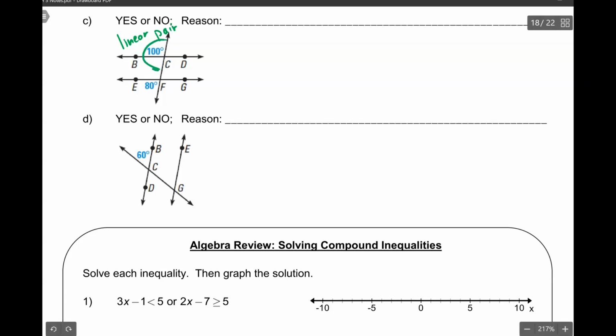And wait, this angle and this angle are the same, and those are corresponding angles. We have enough information. Yay! Because we know corresponding angles are congruent, we can conclude that the lines must be parallel. So just drawing those little parallel symbols.